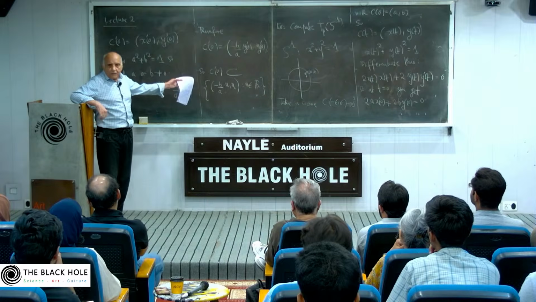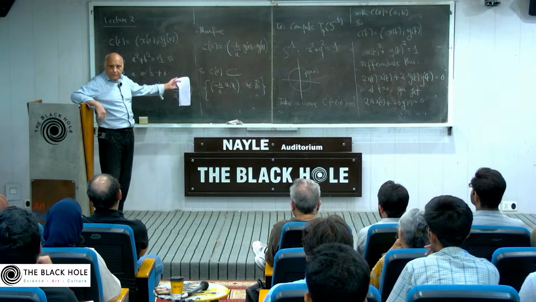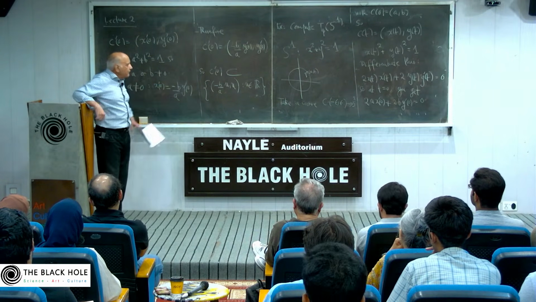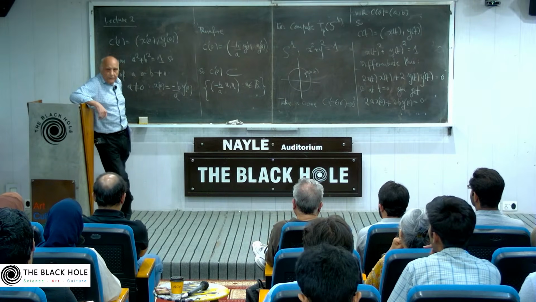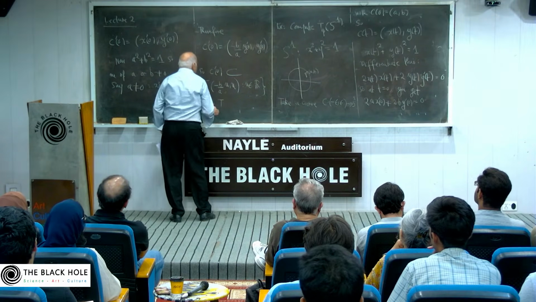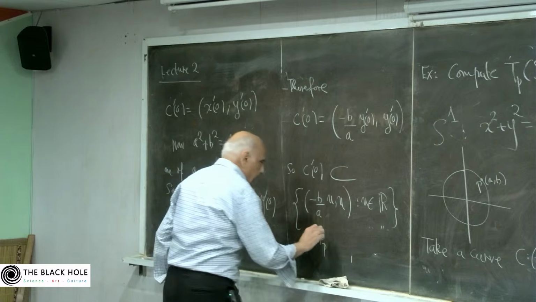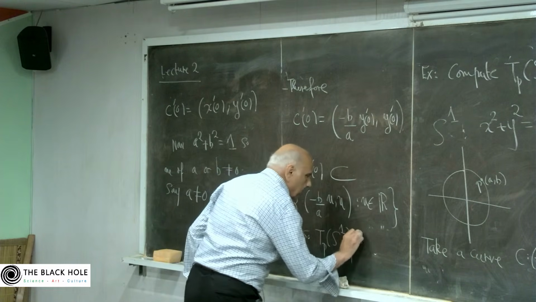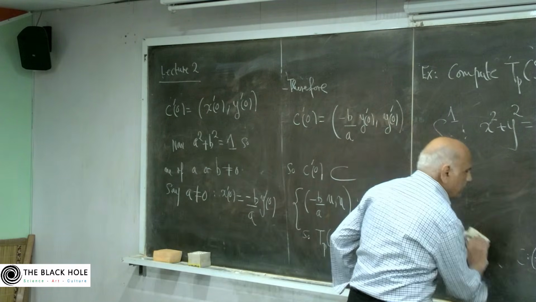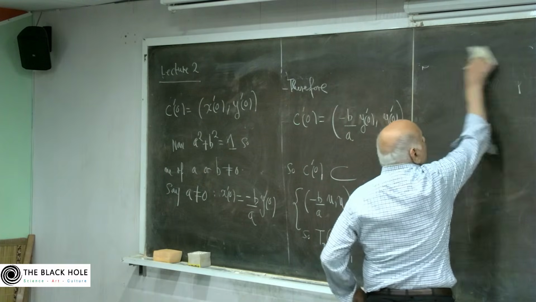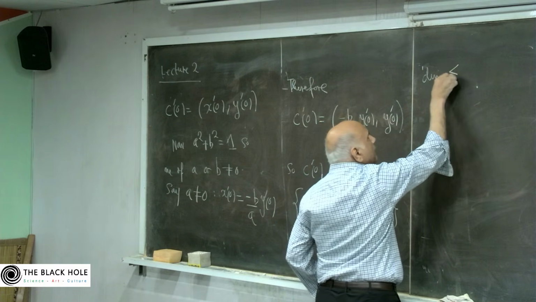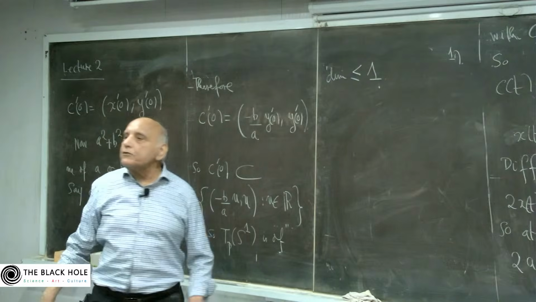If you take two such, you add them, you will get something of the same type, right? So, what is the dimension of this space? It's one dimensional. So, the tangent space T_P of S1 is of dimension... and how do I show it is exactly of dimension?